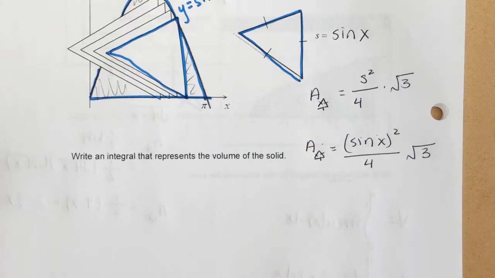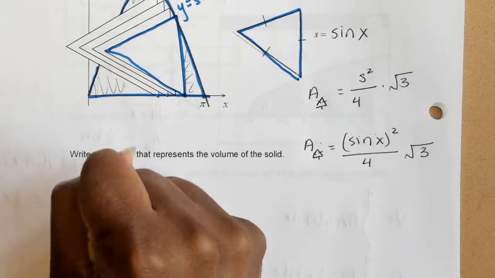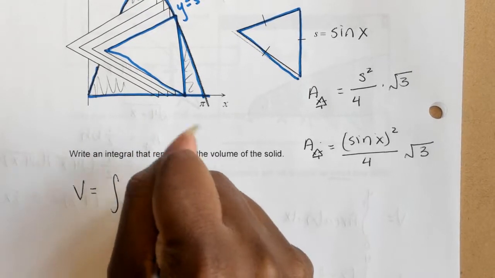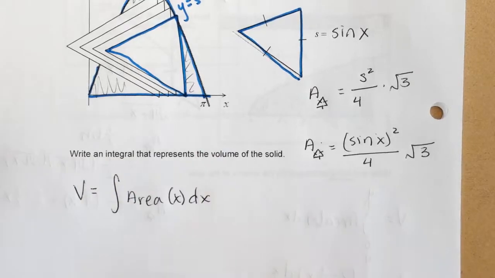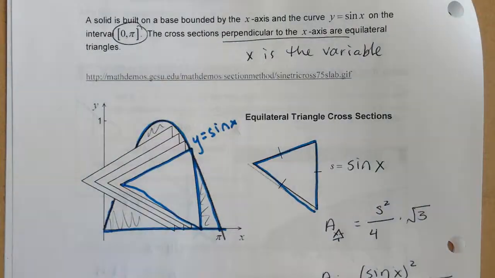Now this problem is only asking us to write an integral that represents the volume of the solid that would be created. So we know we're going to take the volume, and to do that we need to integrate our area of x dx, and it tells us from the problem that our interval is from 0 to pi.